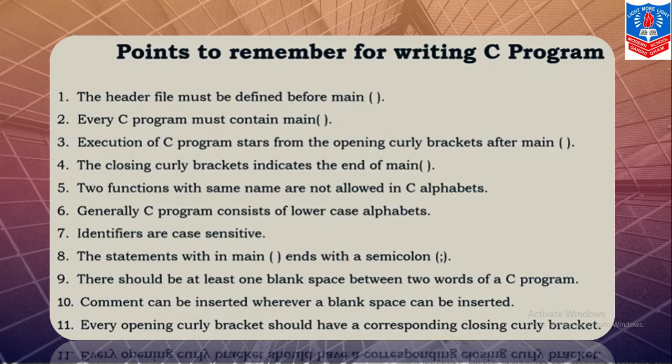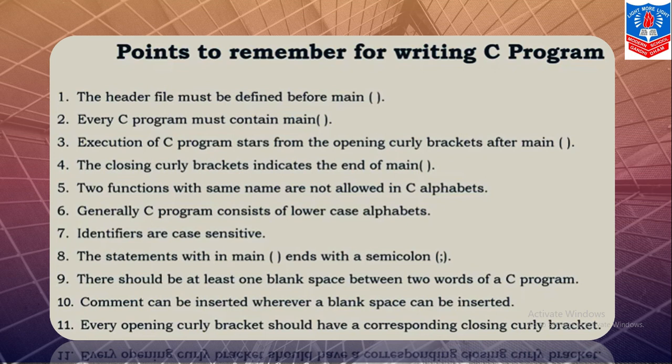Points to be remembered for writing a C program. Header files must be defined before main. Every C program must contain main. Execution of a C program starts from the opening curly bracket after main. The closing curly bracket indicates the end of main. Two functions with the same name are not allowed in C. Generally, a C program consists of lowercase alphabets.